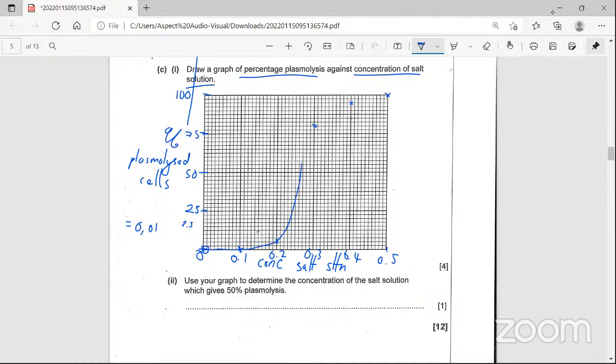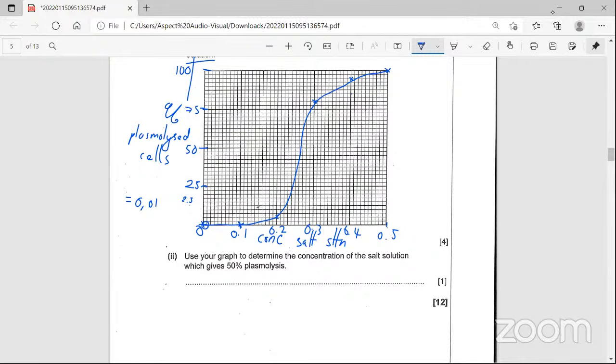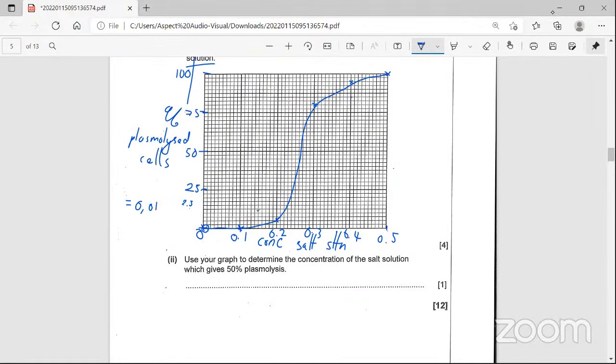The curve is better. It's almost like your cumulative frequency graph. Like that. So also make sure it touches every point. They don't want to see that there. So make sure it goes through the points.